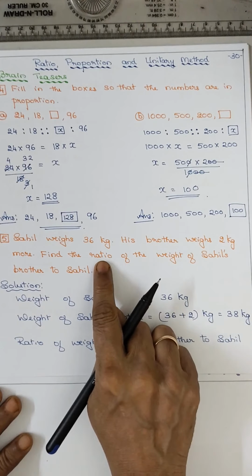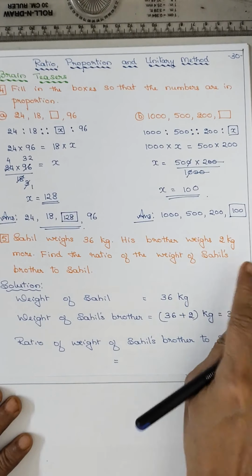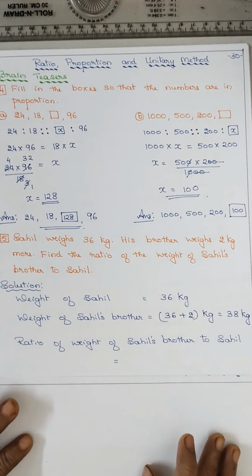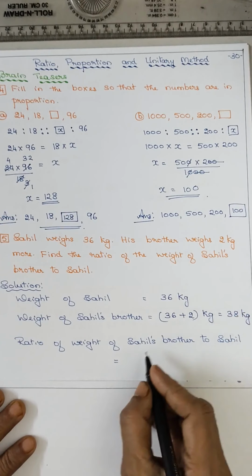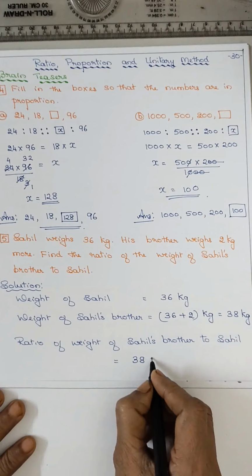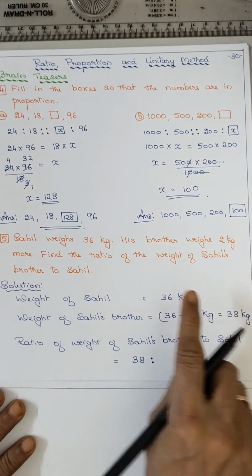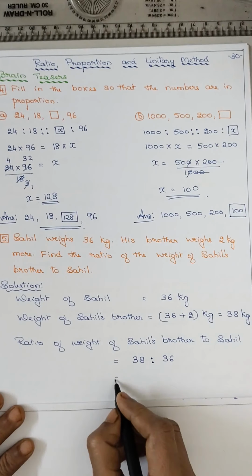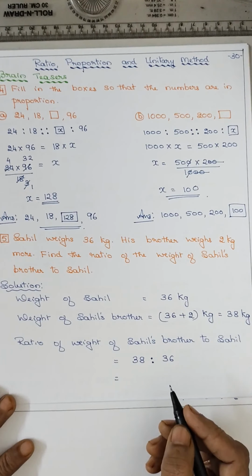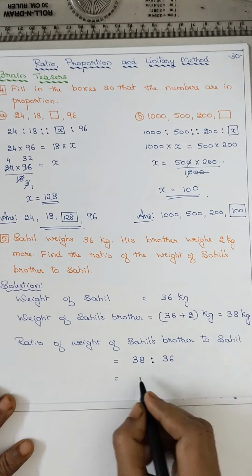Now they have asked the ratio of the weight of Sahil's brother to Sahil. साहिल का ब्रदर का कितना है? 38. तो वो पहले लिखने का है इज टू साहिल, दैट इज 36. अभी सिंपलेस्ट फॉर्म में करने का है. इसके लिए 38/36 फ्रैक्शनल फॉर्म. 2 1s are 1 remains, 2 8s are 16.